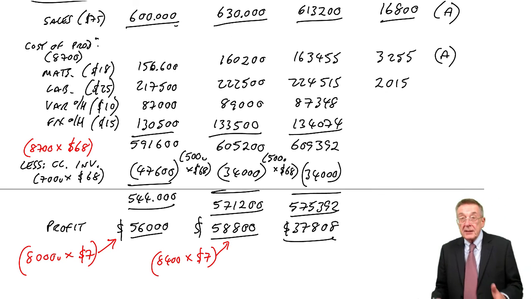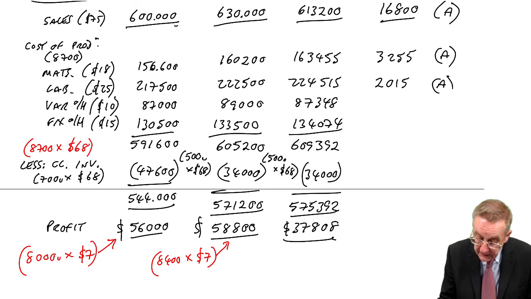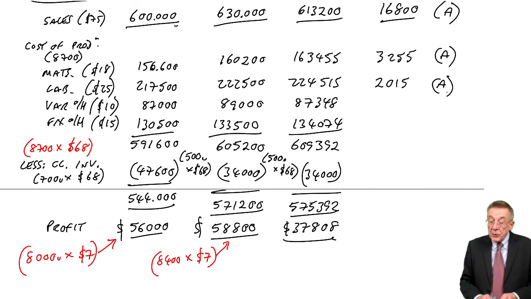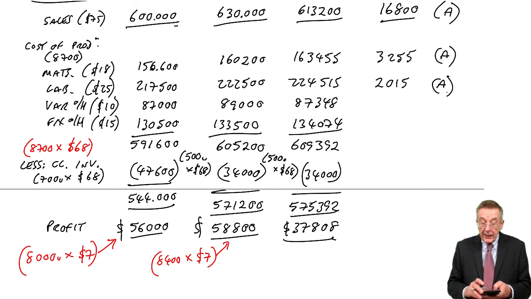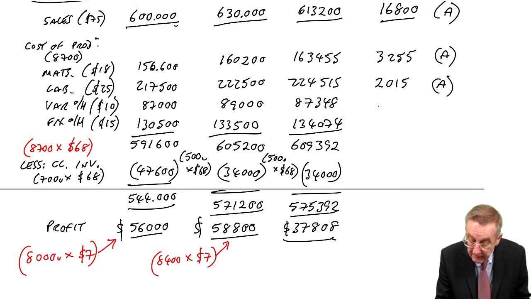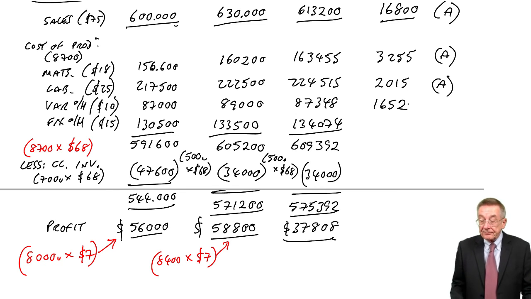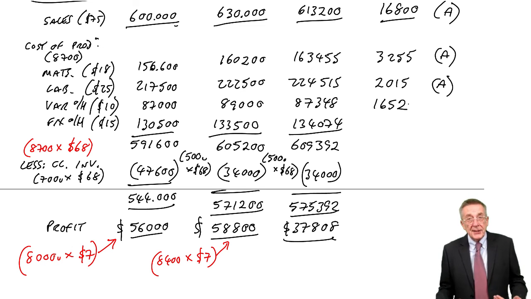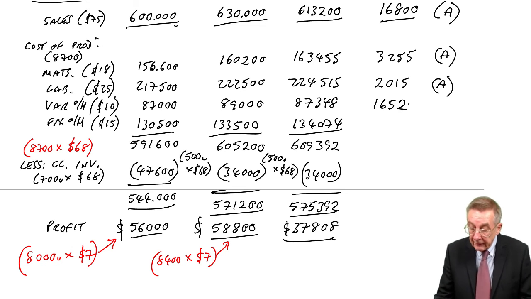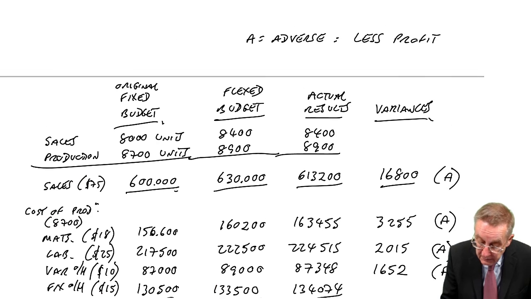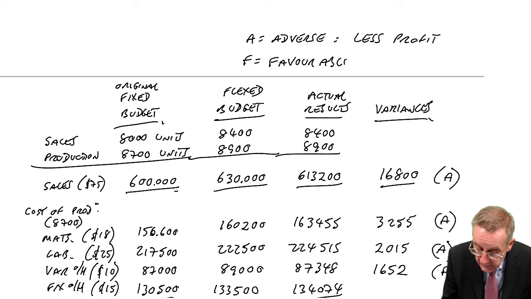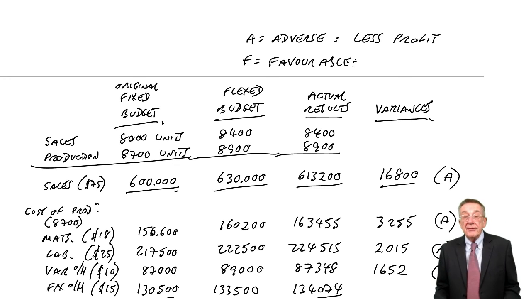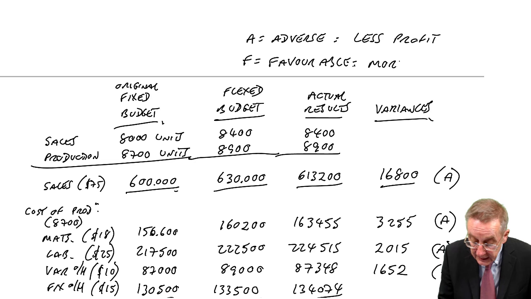And yet again, an overspend means less profit. It's adverse. Variable overheads. Oh, we've saved money. 89,000 is what it should have been, less 87,348 is 1,652. And here, because we've spent less, this on its own would give more profit. And so we write against it F. F stands for favourable. It's favourable if the difference results in more profit.